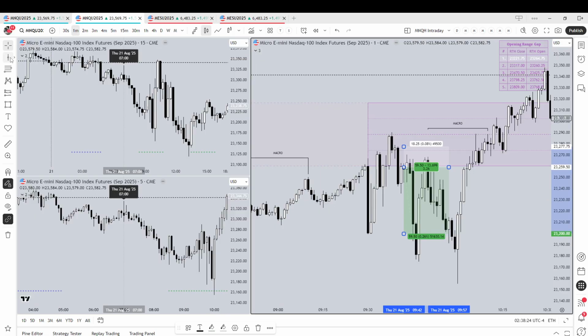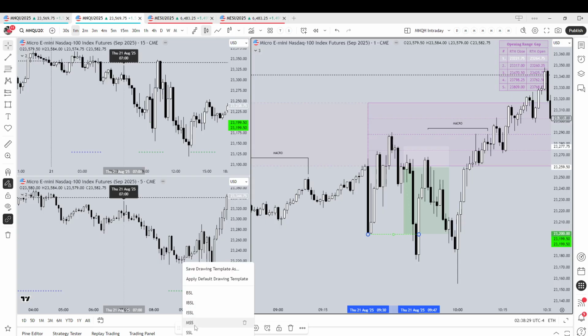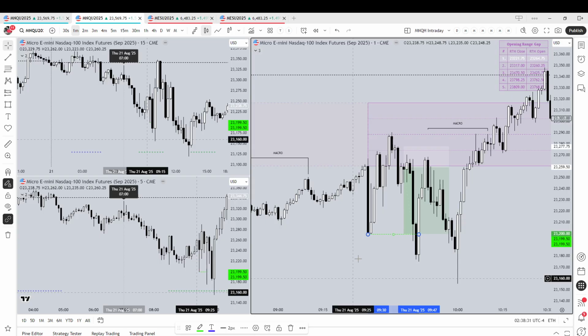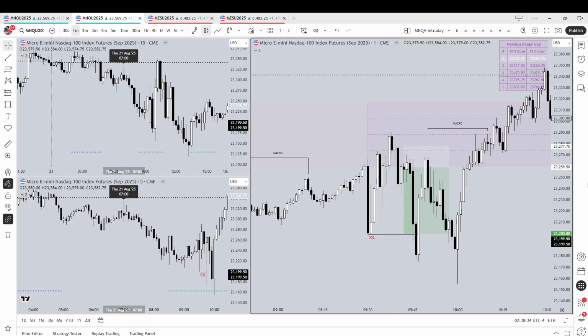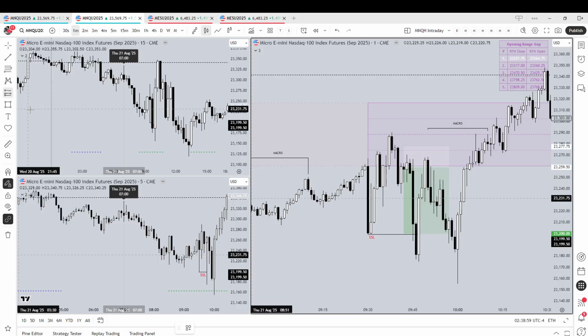Very easy low-hanging fruit objective right here, which was the sell side liquidity from 9:30, and a very easy 3-to-1 risk reward, less than a 20 handle stop loss with a 60 handle target. So very beautiful setup, you know what I mean? It just sucks, very unfortunate that I took the trade right here. So let me go ahead and show you guys my loss as well. We'll keep it even, you know what I mean?